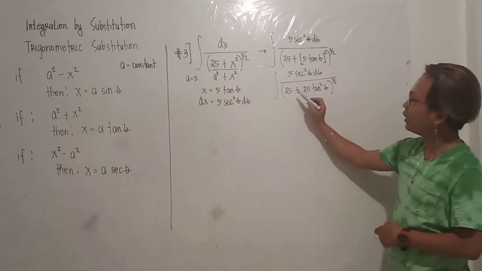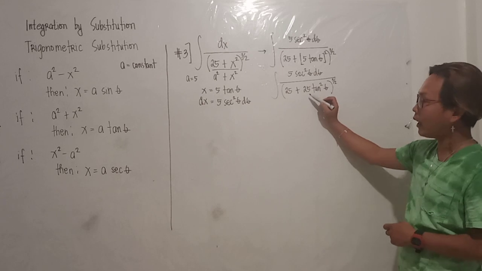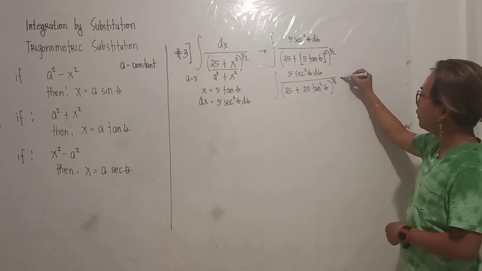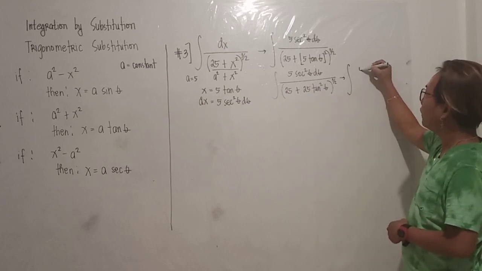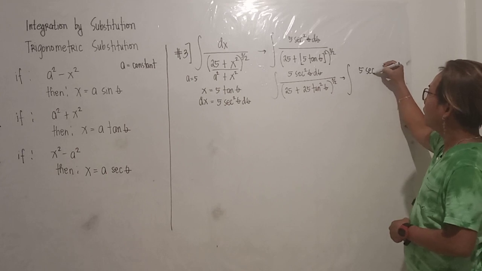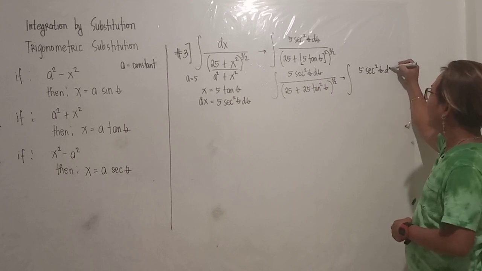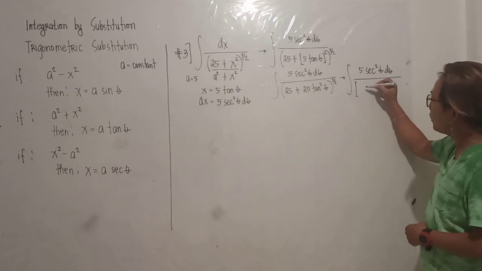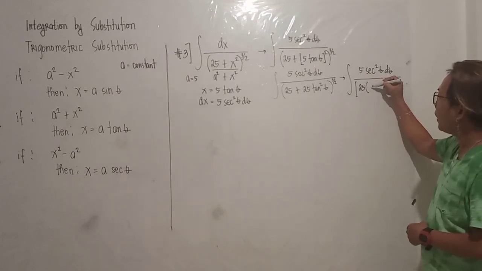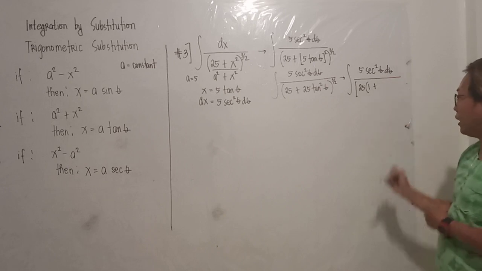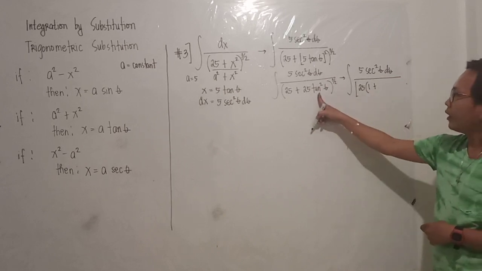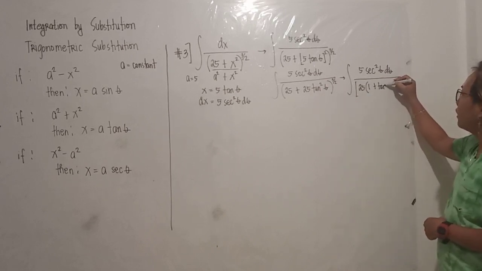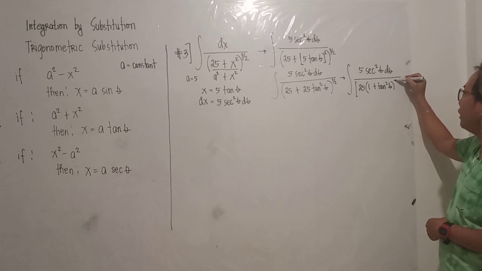If you will notice, they have both 25. So pwede natin i-factor out. You will now have 5 secant squared theta d theta over, this will be 25 multiplied by 1 plus tangent squared theta.